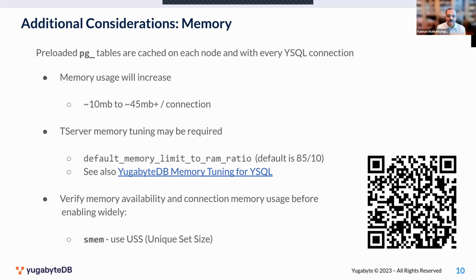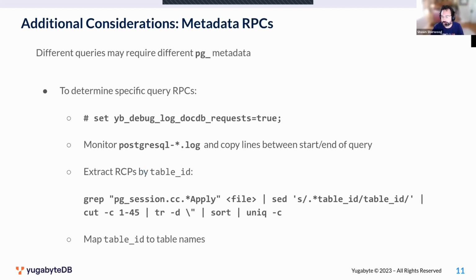That's right. In doing the research for which PG metadata tables are going to be important if I want to put them into a custom list, there are a couple of steps to enable this.